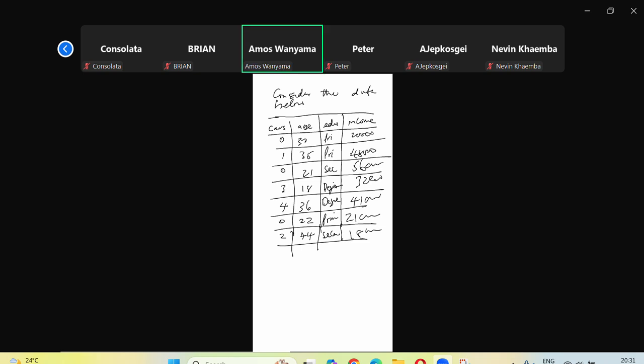Can I try? Yes, shoot. Your name? Amos Wanyama. Okay, for multiple, I think it can take even continuous data, but here we are looking at discrete, that is the number of cars. Please repeat. The discrete number of cars, but for multiple, it could take the continuous variables, that is with decimals.